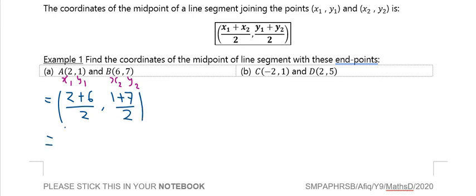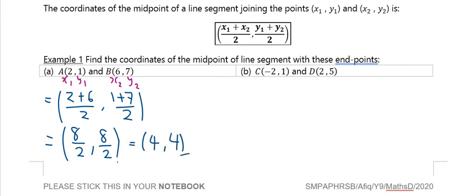So 2 plus 6 is 8 over 2, and 1 plus 7 is also 8 over 2. 8 divided by 2, you will receive 4 and 4. So this is the midpoint of A and B.